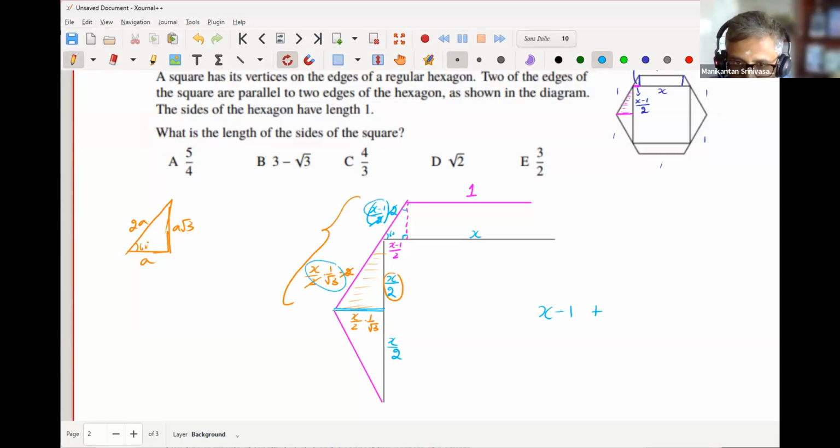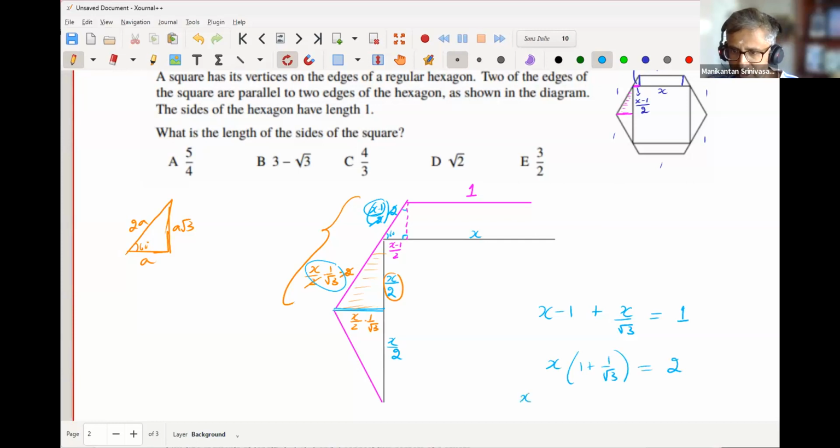So this and this add up to give, this is x minus 1 by 2, plus x by root 3. These two should add up to give the side of the hexagon, which is 1. So what do I have? x into 1 plus 1 by root 3 equal to 2.